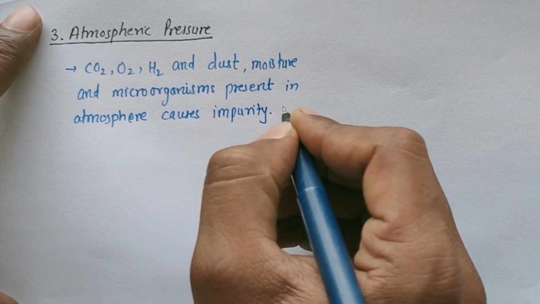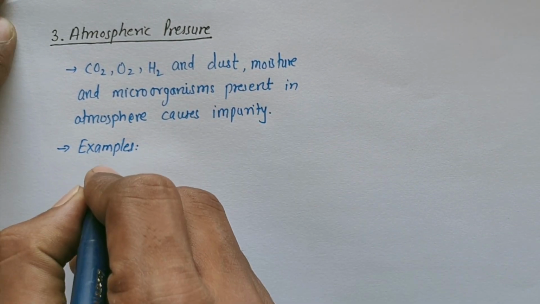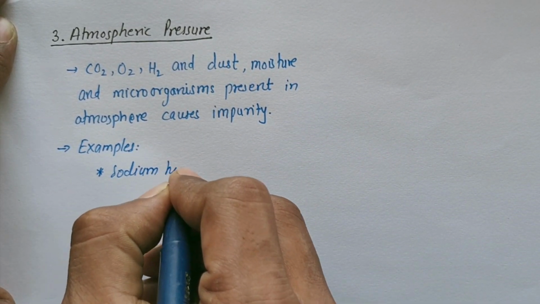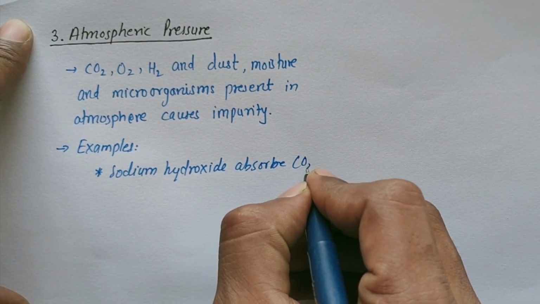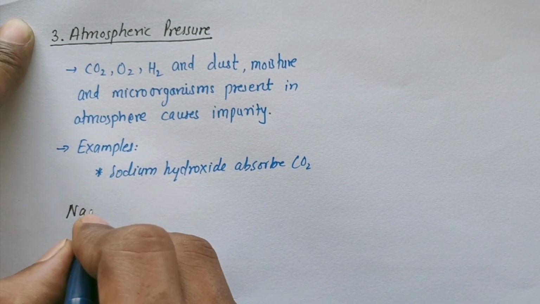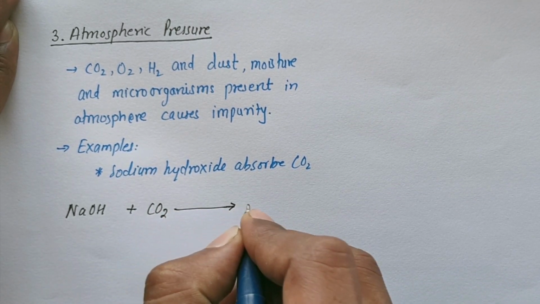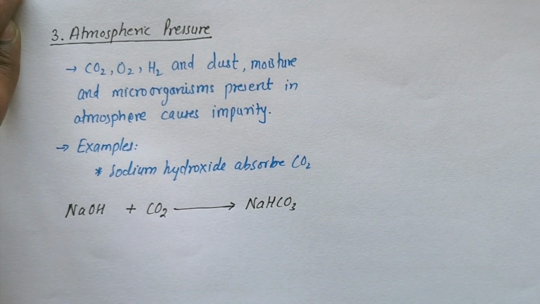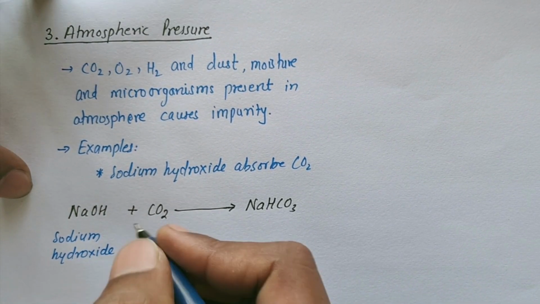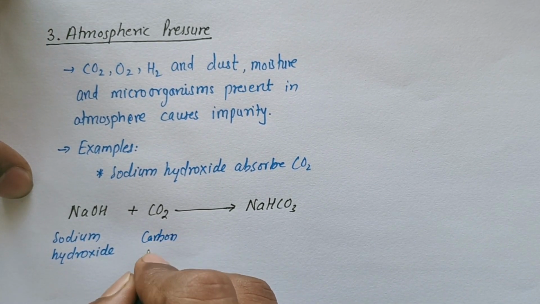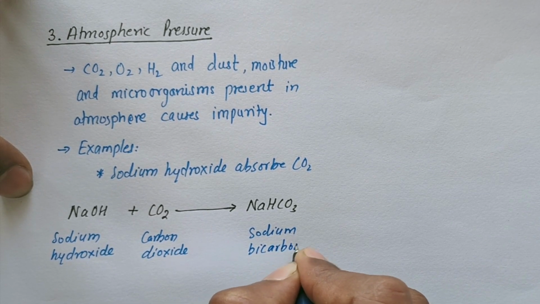As for example, sodium hydroxide absorbs carbon dioxide from the atmosphere and makes sodium bicarbonate. We can write the reaction as NaOH plus CO2 gives NaHCO3. We should write the names: sodium hydroxide, carbon dioxide, and sodium bicarbonate.